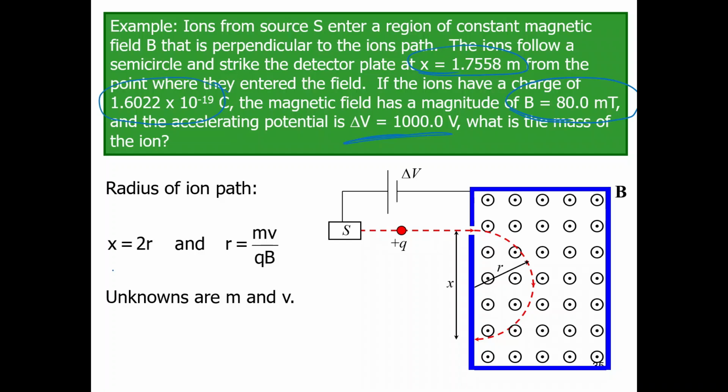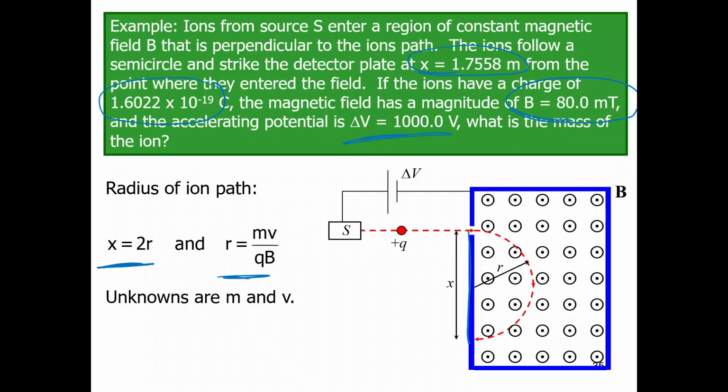So we've already established that our position on the screen that it hits is going to be 2 times the radius. Using our centripetal force equations, we can derive that our radius is mv over qB. We've done that enough. I'm not going to do that again for this particular problem. But we have 2 unknowns. We don't know the mass and we don't know the speed. Our ultimate goal is to find mass.